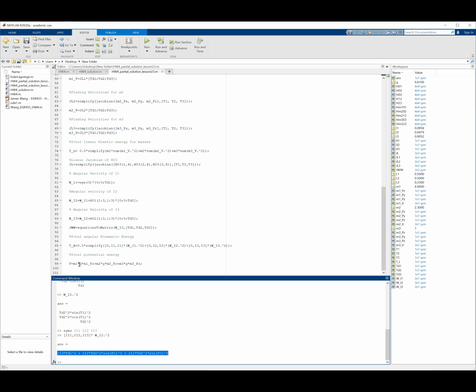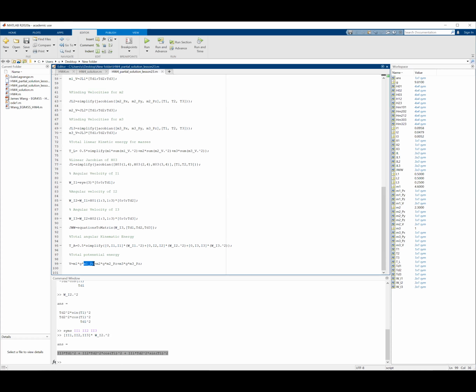This is M1G, M1PZ that we got from the homogeneous transformation matrix for the first mass. M2G multiplied by M2PZ that we got from the homogeneous transformation for the second mass. M3G, M3PZ, which is the displacement in the Z direction for mass M3.